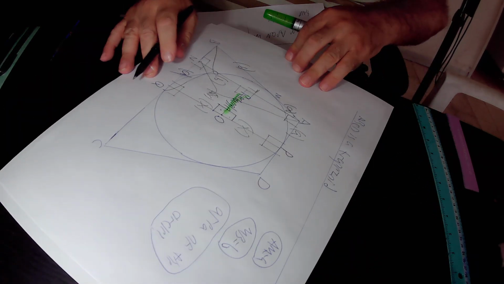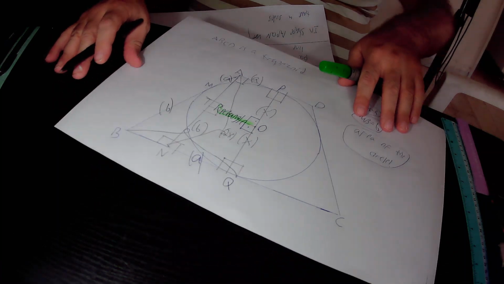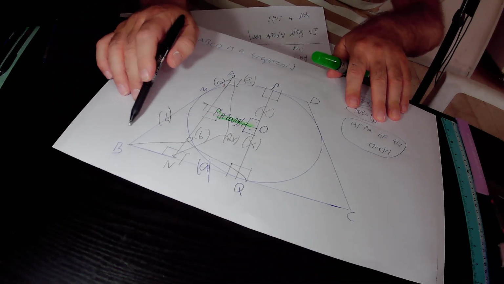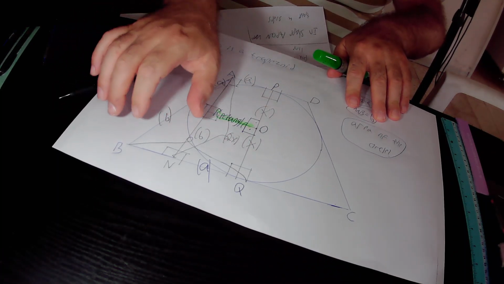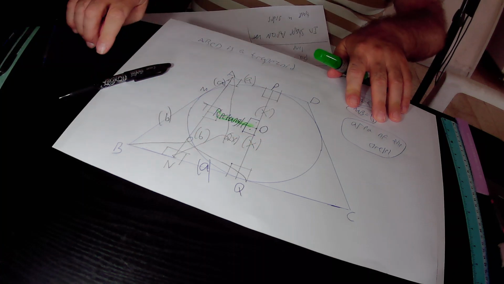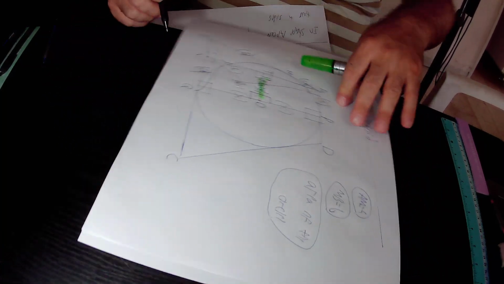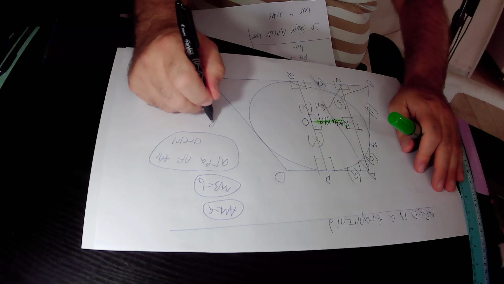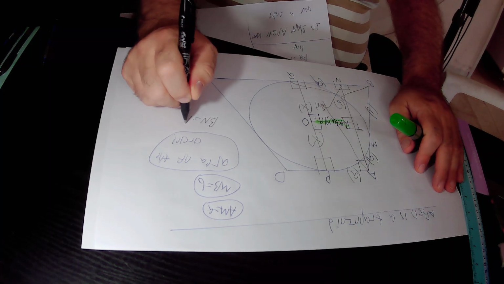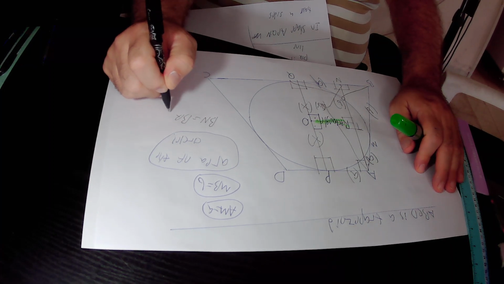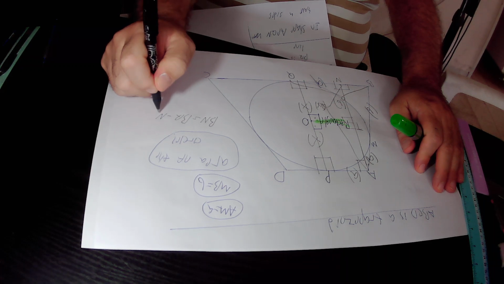What is the length of the missing segment BN? BN equals BQ minus NQ. So I write it down: BN equals BQ minus NQ.